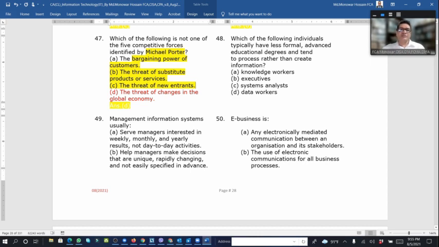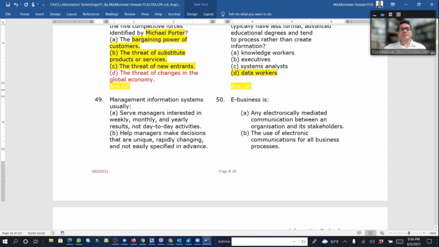So the answer may be D, data workers, because they do not need advanced education. Data workers only do typing and data inputting.